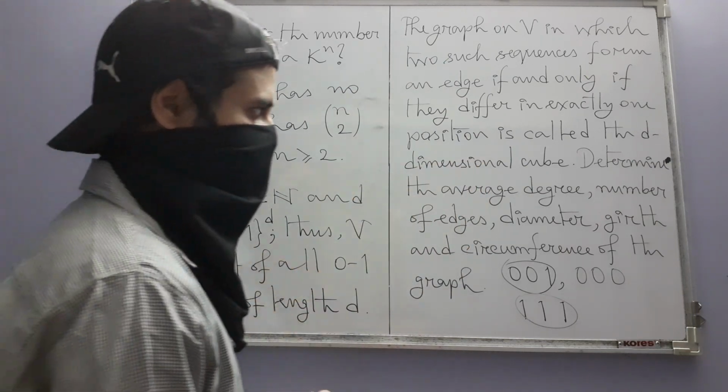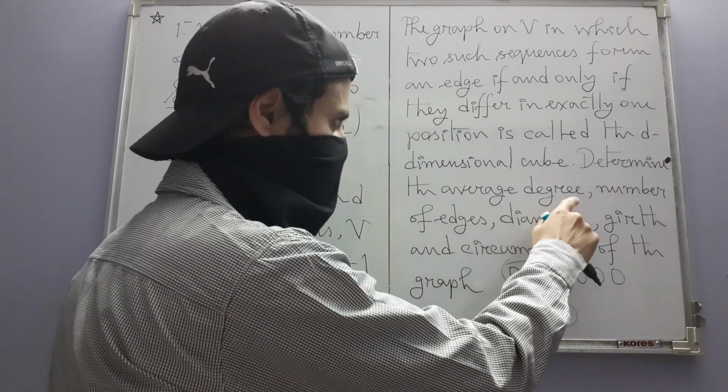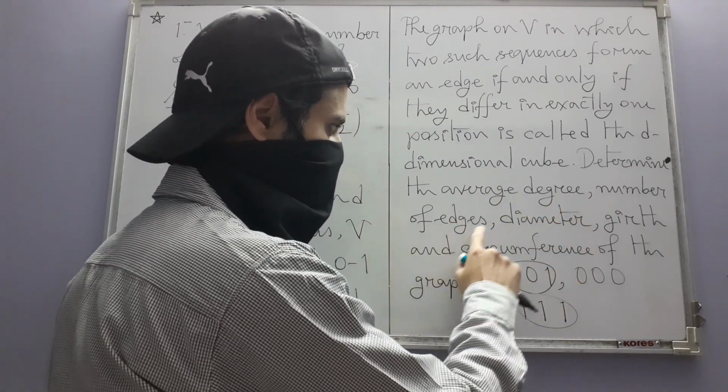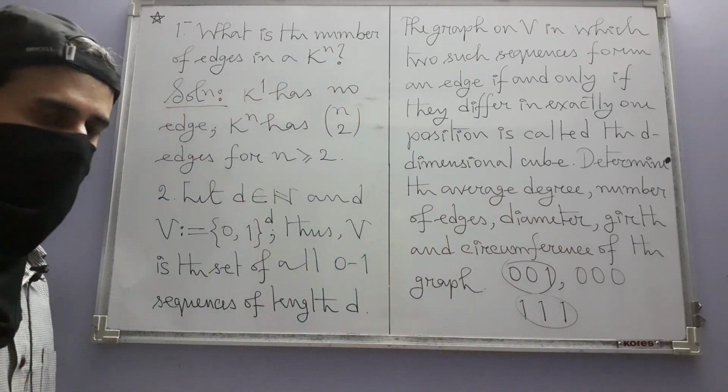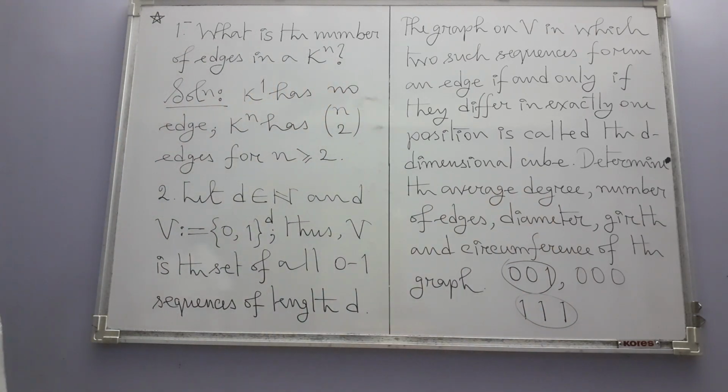Now for this graph we have to determine the average degree, number of edges, diameter, girth and circumference. So let's see how that can be done.